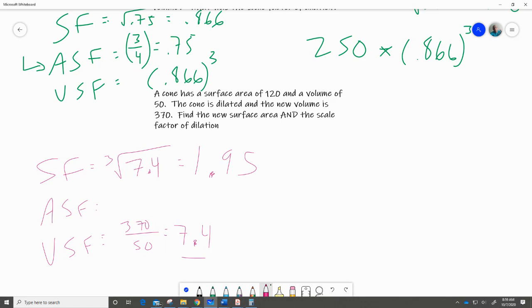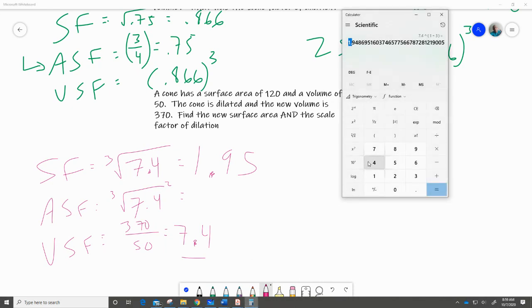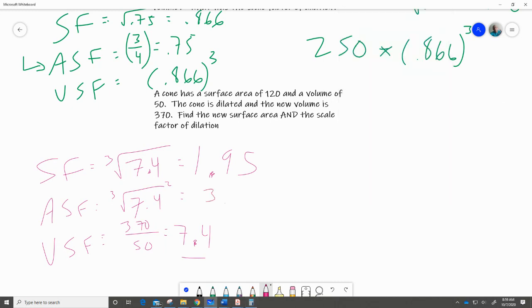Now the area scale factor is going to be that 1.95 squared. So we'll square that, and we get 3.797, so about 3.78.